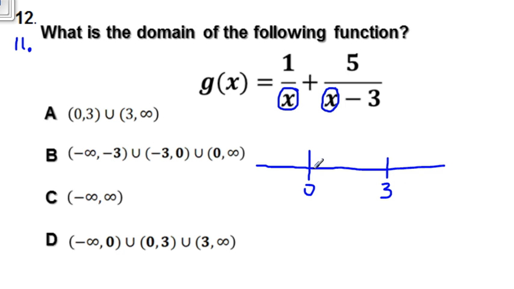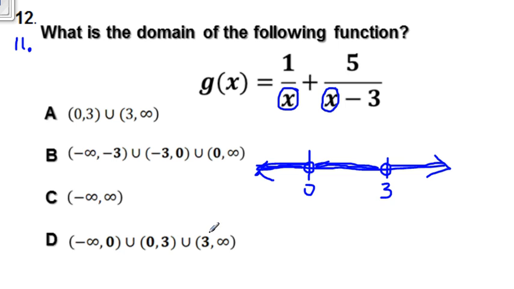And so we would represent our excluded values by putting a little open circle here. Everything to the left of 0 would be part of the domain. Everything between 0 and 3 would be part of the domain. And everything to the right of 3 would be part of the domain.